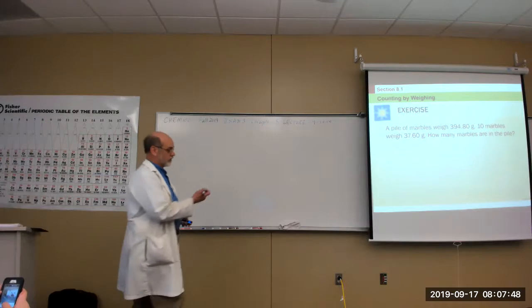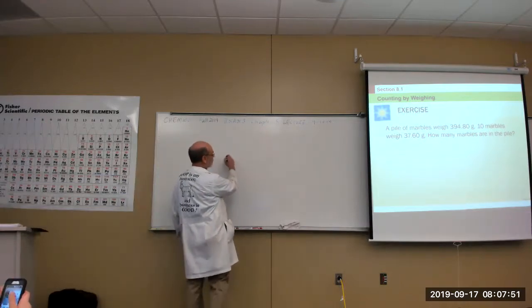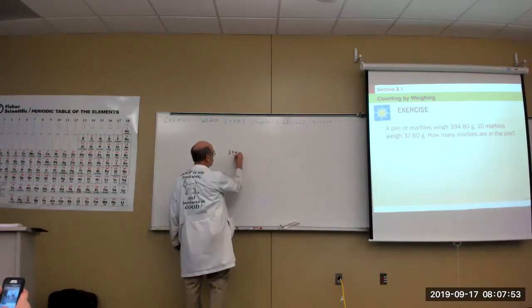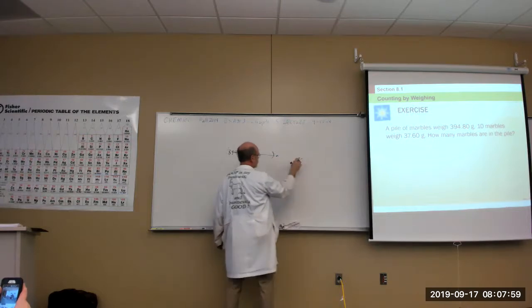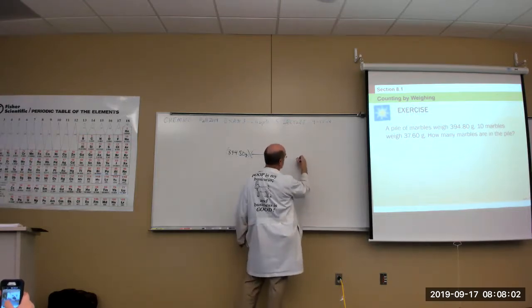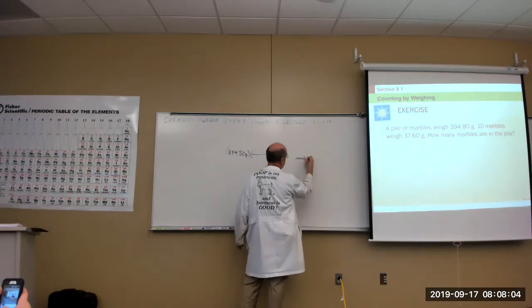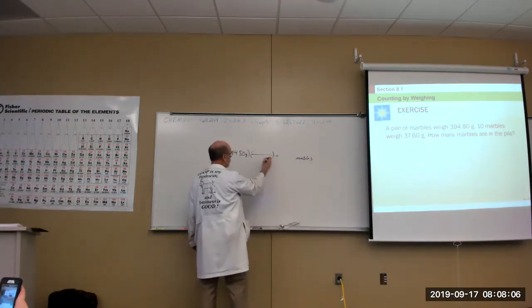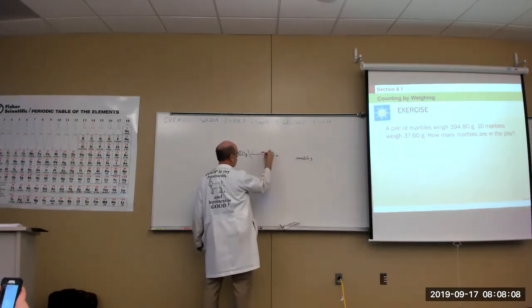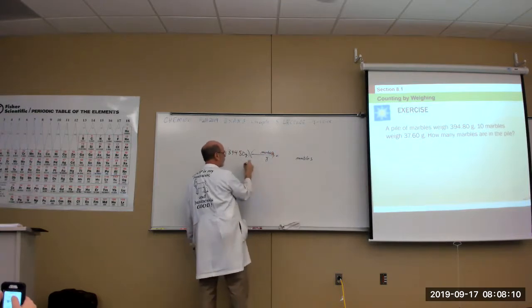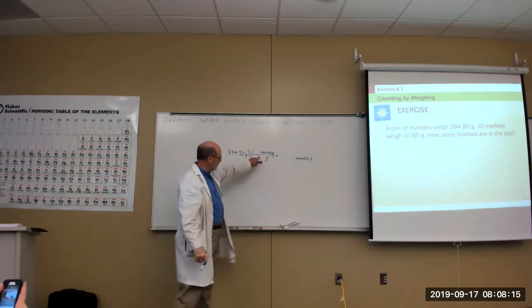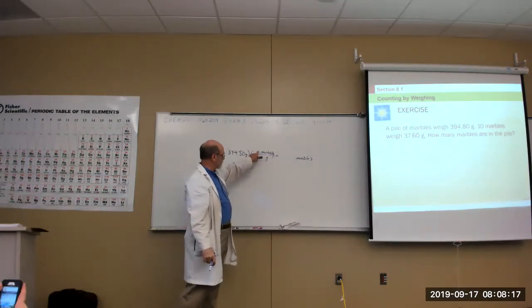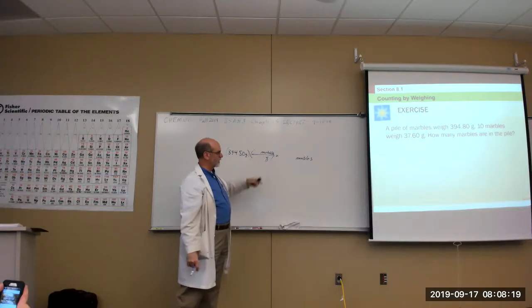Well, you use, similarly, 39480. That's how much the total mass is, and you just need a conversion factor. This is where you're headed, marbles. So you need grams on the bottom and marbles on the top of your conversion factor to cancel the grams and leave you with marbles. So what we need is, how much does a certain number of marbles weigh?